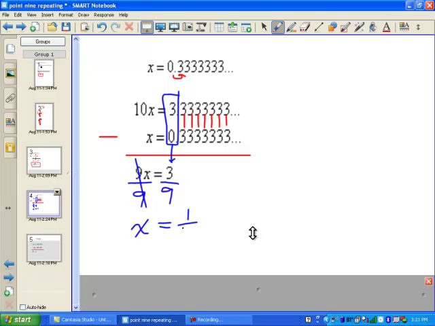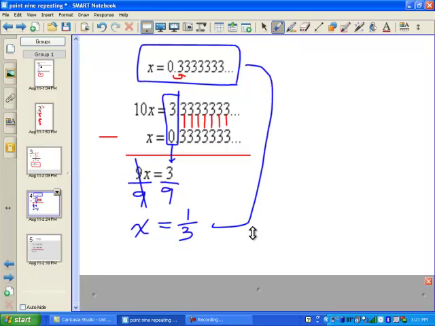Okay, so what we've said now is, in this case, x is equal to 1/3, but of course if you go back up to the top of this screen, you see that x was actually the number in decimal form, 0.333 repeating infinitely. So we've been able to use algebra to show that 0.333 repeating infinitely is the same as 1/3.